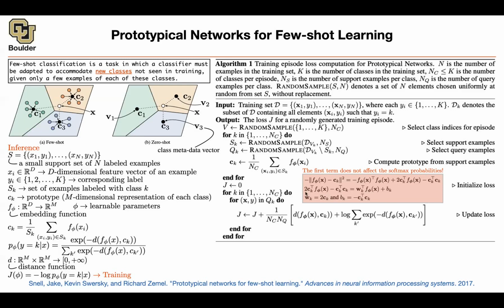What are those? It's 2C transpose f minus C transpose C. Rename 2C to be W. It's just renaming. Rename C transpose C to be your b. And what you end up with is a linear layer on top of your neural network. And you're going to have a different weight per each class. This is exactly the setup that we had when we were doing classification.